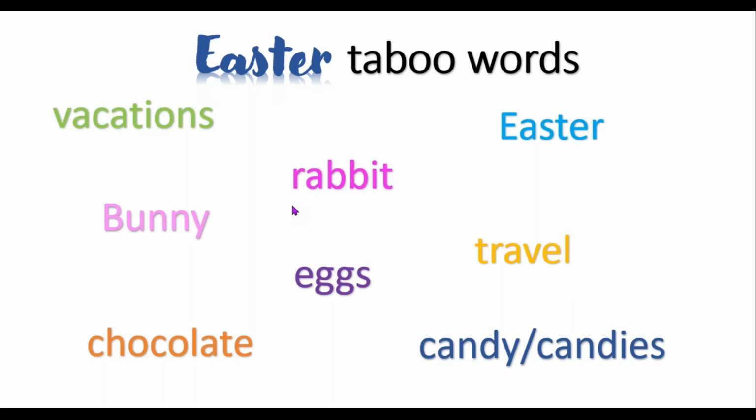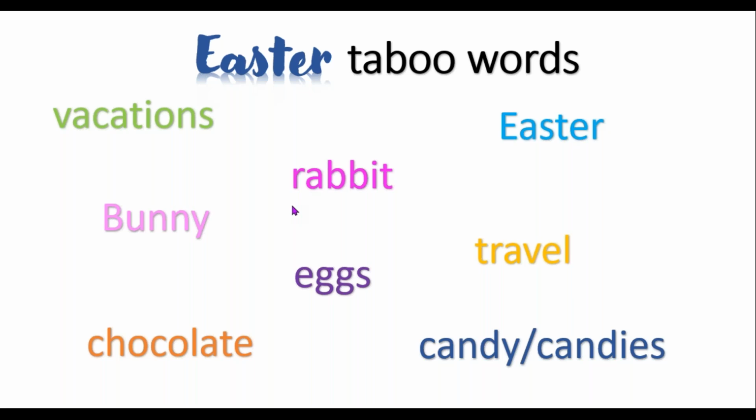So if two students are speaking, and one of the students says vacations, then the other student will remove an egg from that basket. So at the end, maybe after 15 minutes, there will be students with no eggs at all. So students need to be very careful and pay attention to what they are saying.